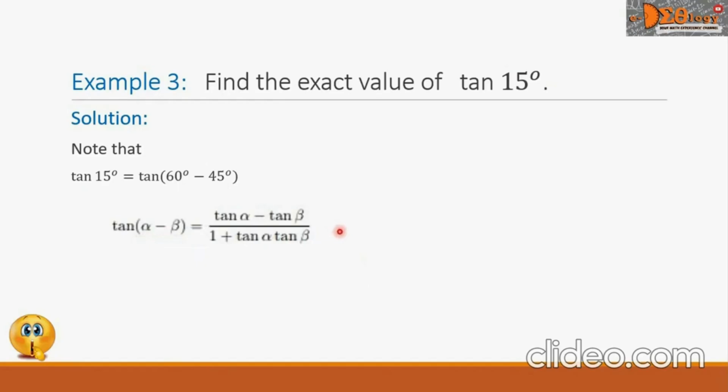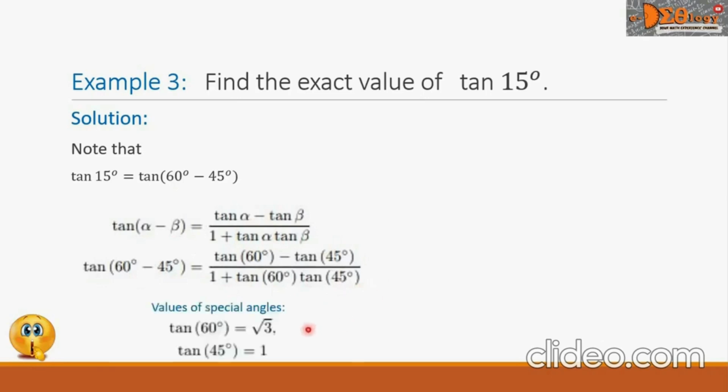Substituting the corresponding angles, we have the tangent of 60 degrees minus 45 degrees equals tangent 60 degrees minus tangent 45 degrees all over 1 plus tangent 60 degrees times tangent 45 degrees.